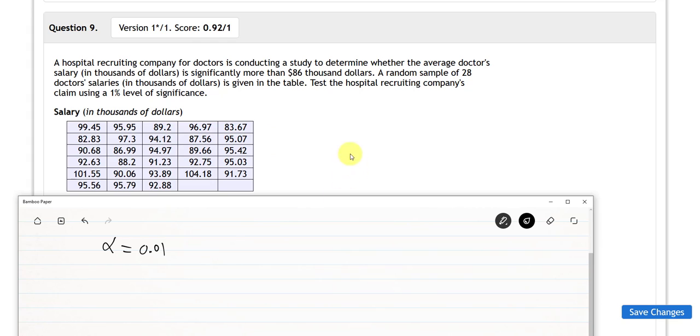So the original assumption is that H0, the null hypothesis, is when the mean, because we are talking about the average, is only 86,000 for salary, and then the researchers in the study want to see if that is significantly more than, which is bigger than 86,000. So this is the claim that we are testing right here.